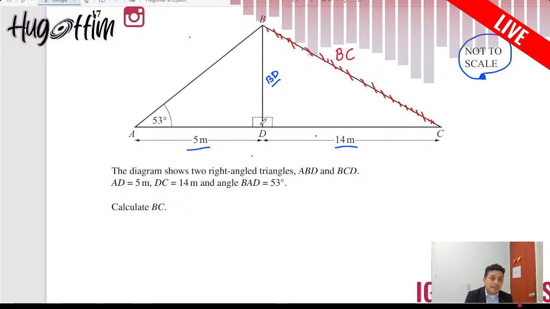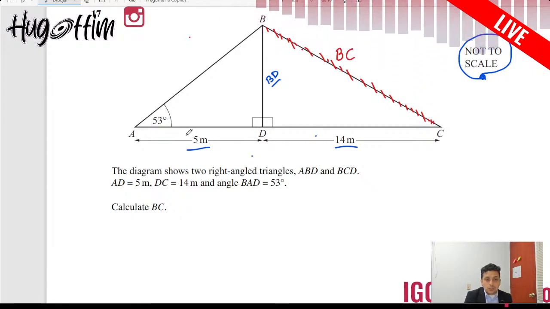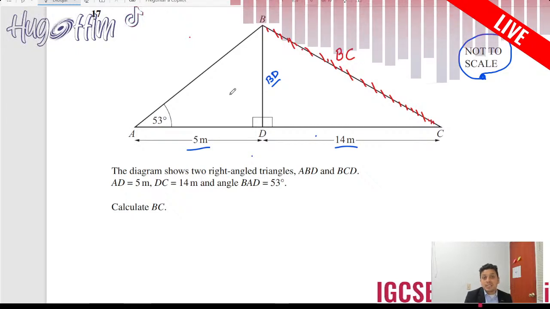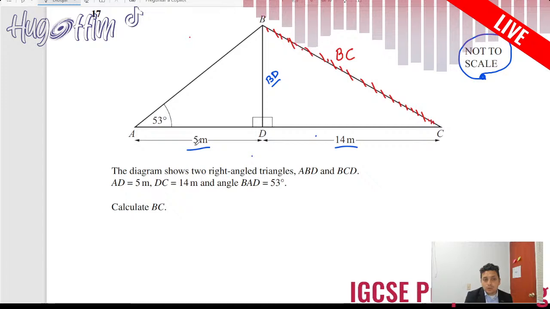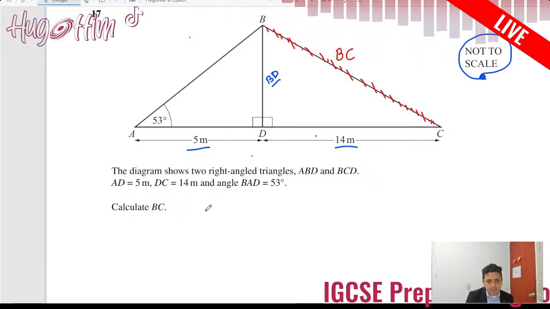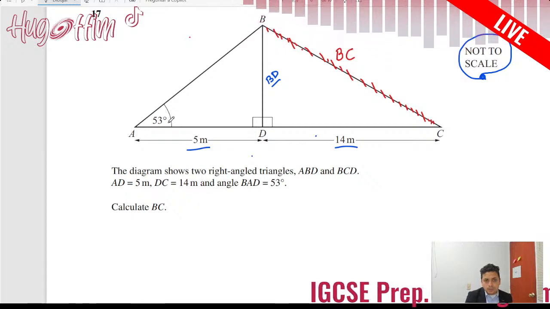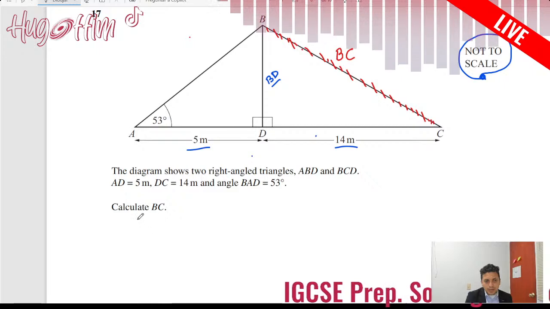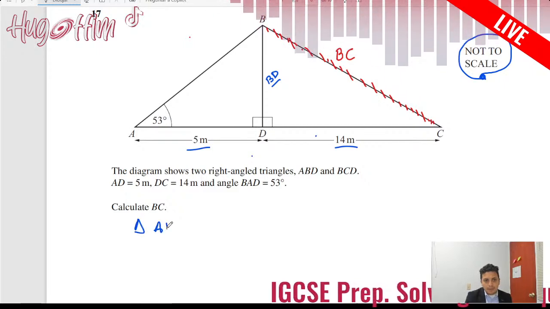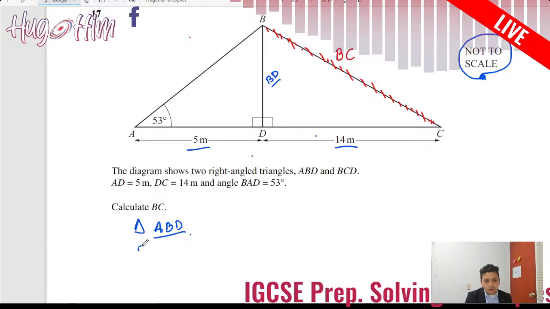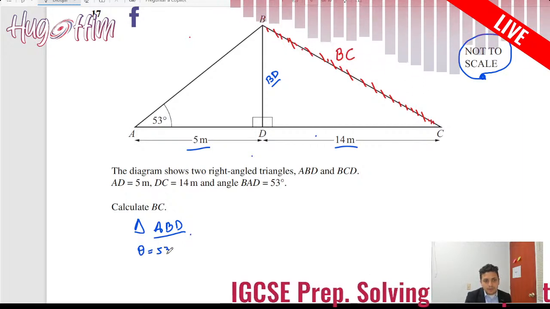To find BD, what you can do is use this side and this angle and trigonometric ratios to calculate BD. So this is what we're going to do. We're going to calculate BD using trigonometric ratios. Remember SOHCAHTOA. In the case of triangle ABD, I have the angle that is 53 degrees.